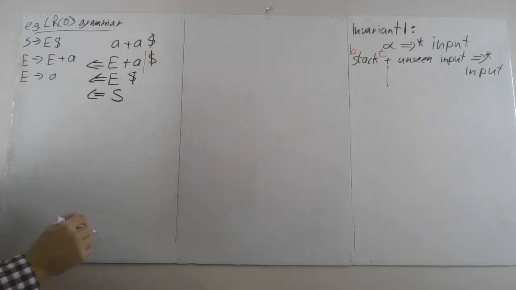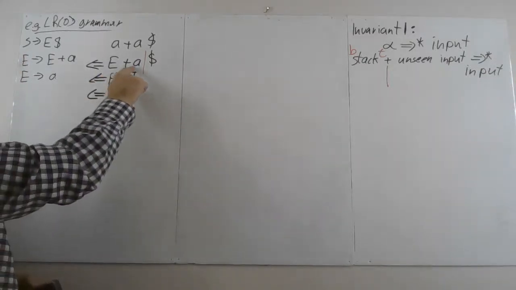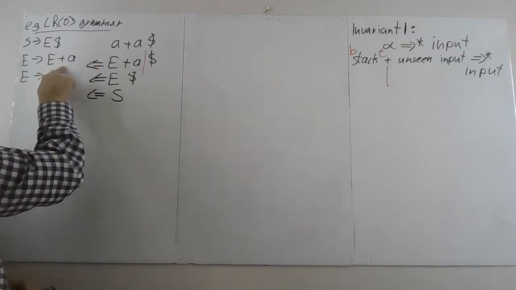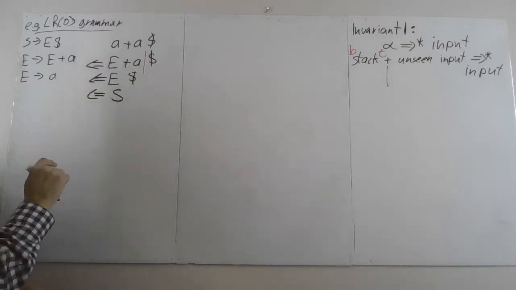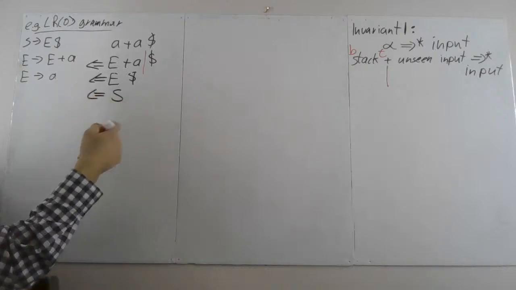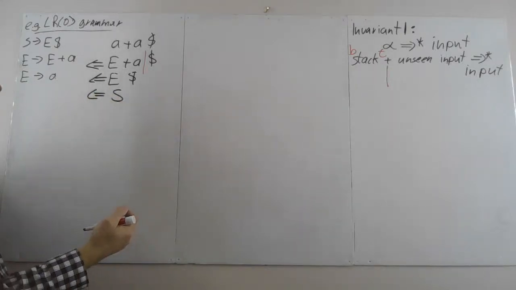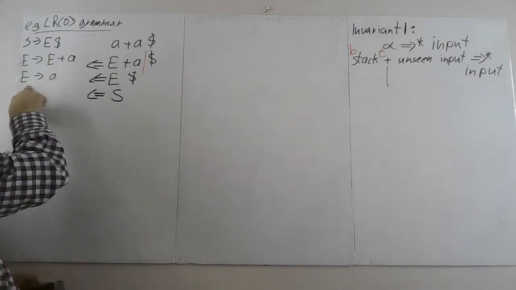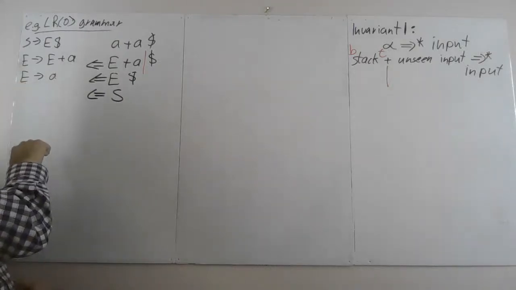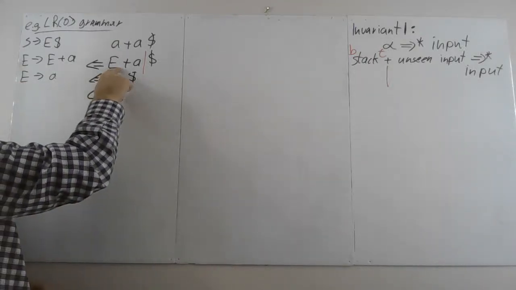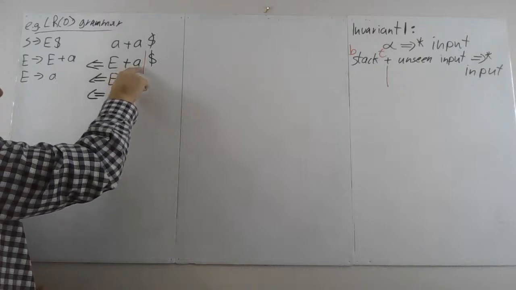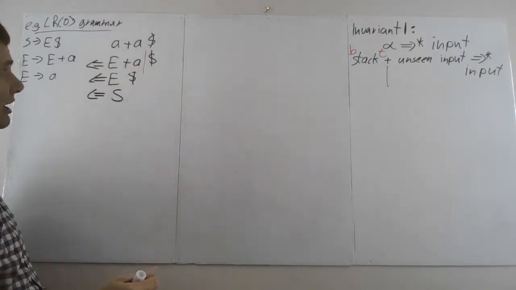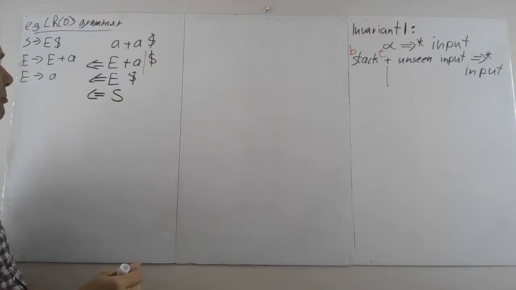Okay, and at this point, you might notice that the top of the stack matches E plus A, but it also matches A, right? So another possible reduction would be to change the A to an E, following the third rule in the grammar. And then our alpha would be E plus E dollar sign. So we would have E plus E on the stack.